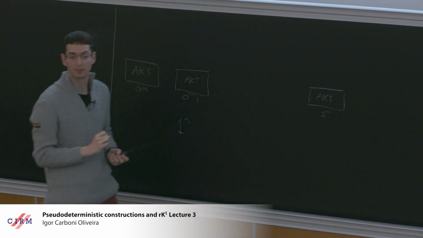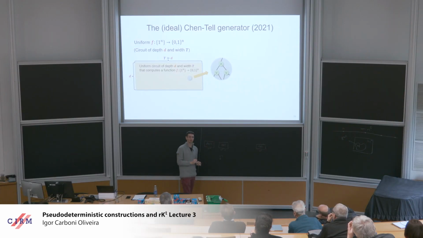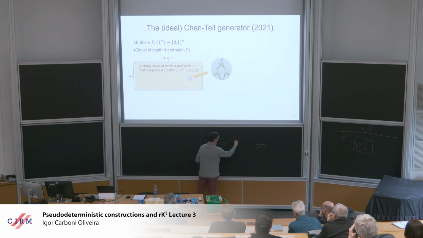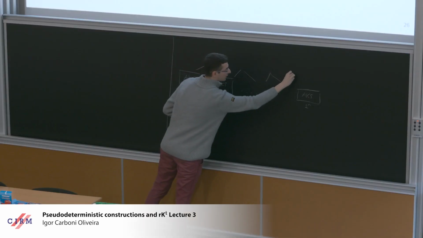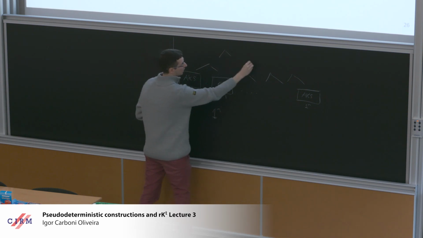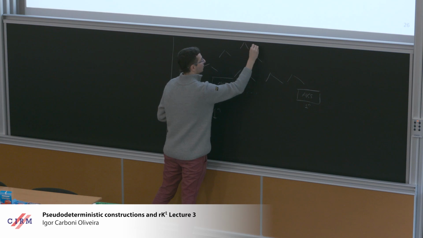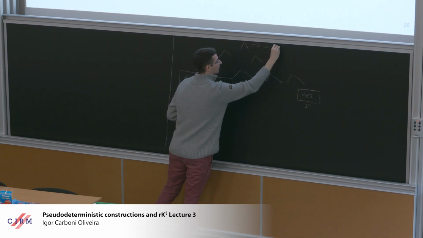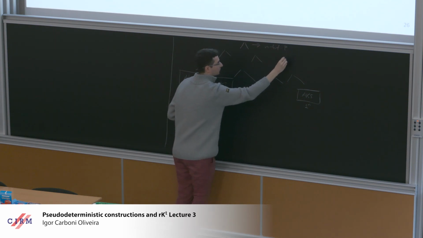And after that, we can pick the lexicographic first. Okay? So we can now do a binary tree here where we always take the lexicographic first of the strings until we output the first n-bit prime.